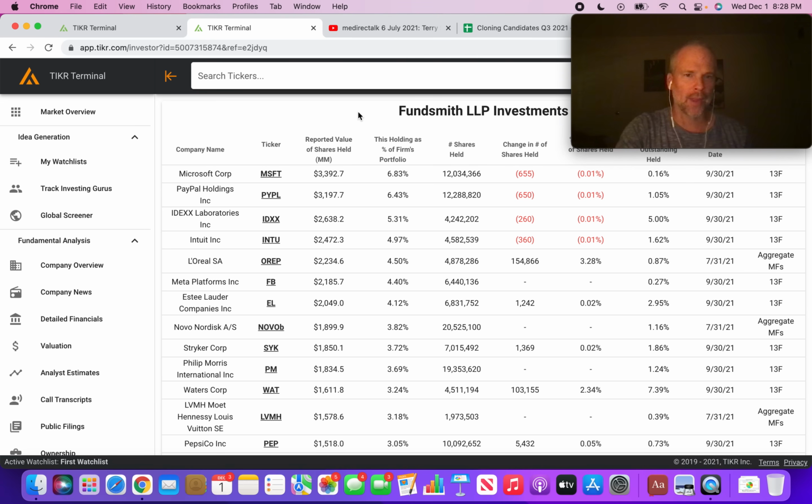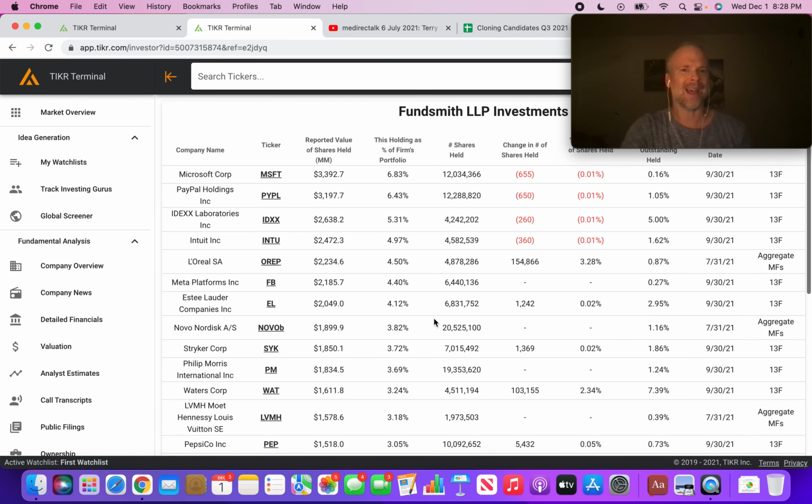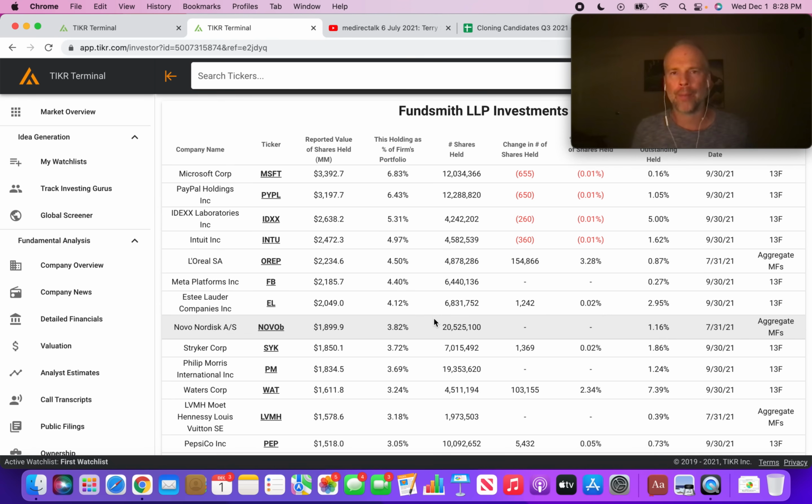And so how I did that is I clicked on each of these holdings within Fundsmith, the top 30 holdings, which make up 93% of the Fundsmith portfolio. And I looked at, okay, what is the industry classification according to TIKR for each of these companies?